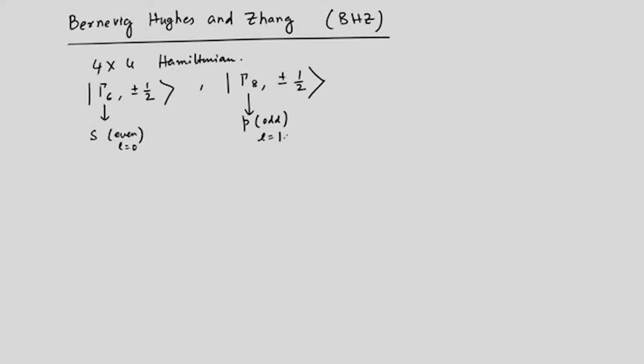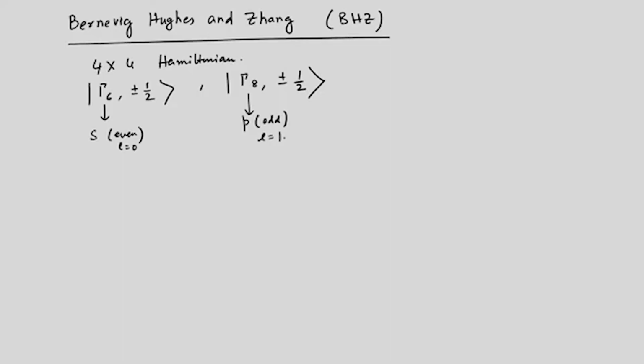Just to remind you that even and odd is said in terms of what happens to a particular orbital when it is inverted, which means that when you change theta to pi minus theta and phi to phi plus pi, the Y_lm function, the spherical harmonics, picks up a (-1) to the power L. So, when L equal to 0, it does not pick up a sign, and when L equal to 1, it picks up a sign. That defines whether they are even or odd, and that is how they are written.